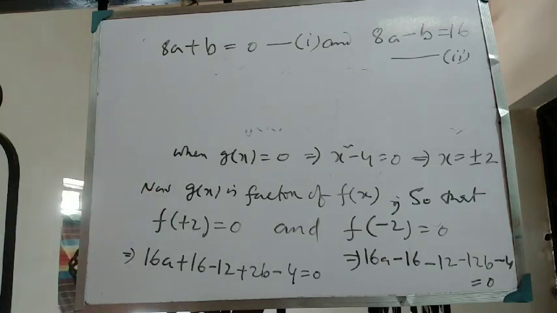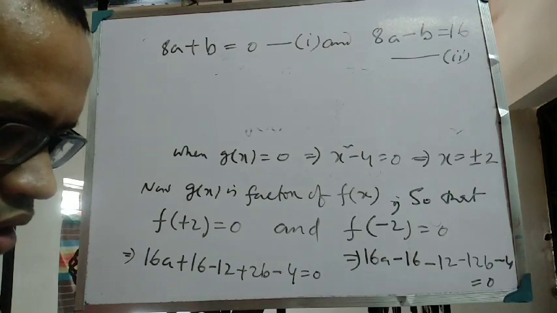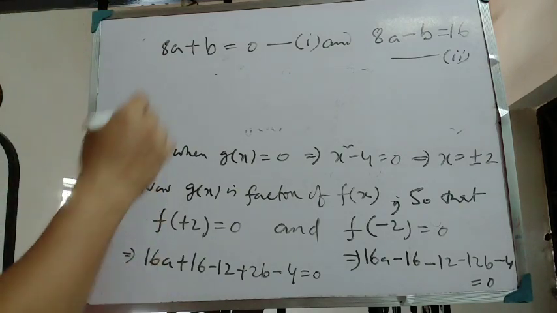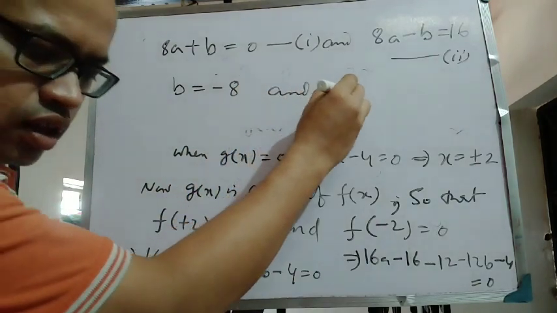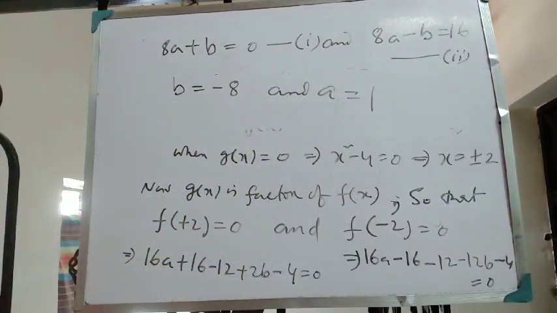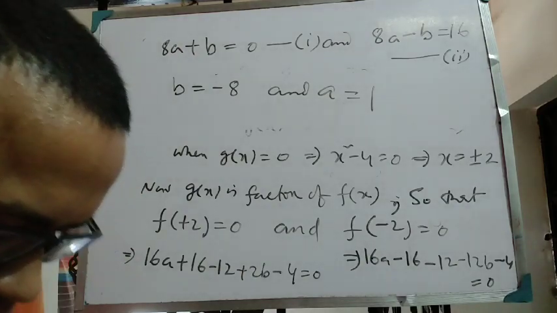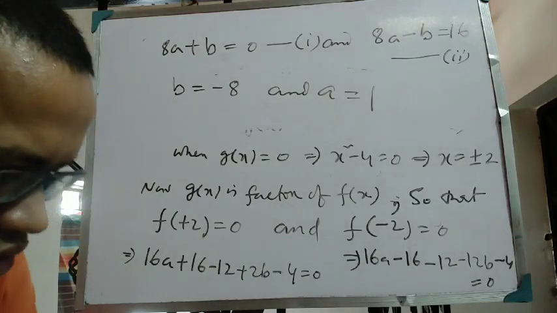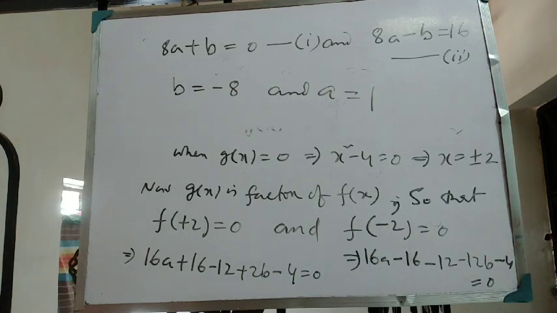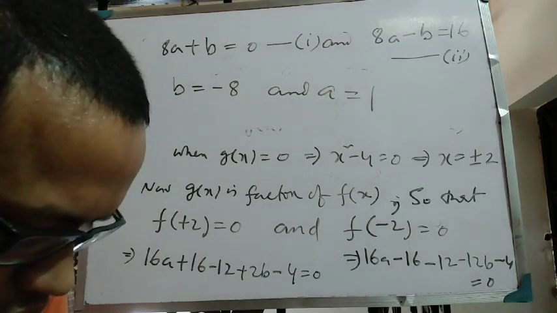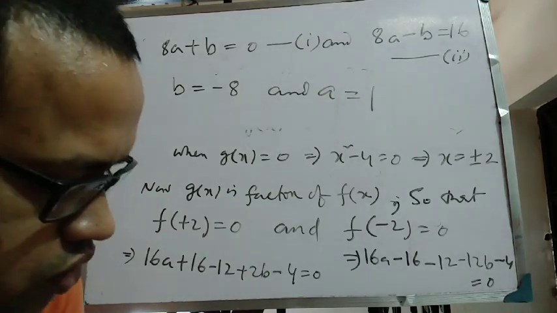Just adding 1 and 2, you will get the value of b as minus 8 and a as 1. So that is the kind of problem you will face, but there are a few more standard problems now, which I am going to discuss.